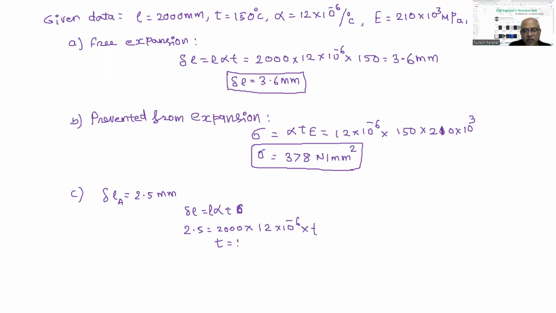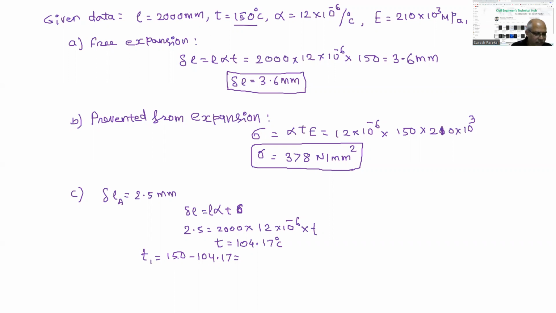It comes to 104.17 degrees centigrade. Now it is heated by 150, so T1 equals 150 minus 104.17. So from 104.17 to 150, stresses will be produced.